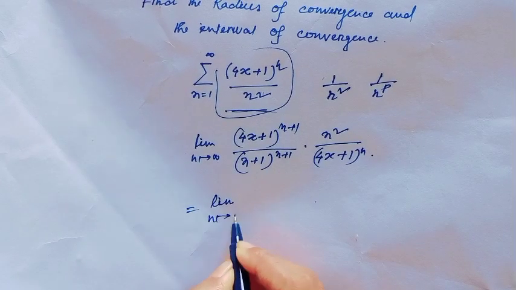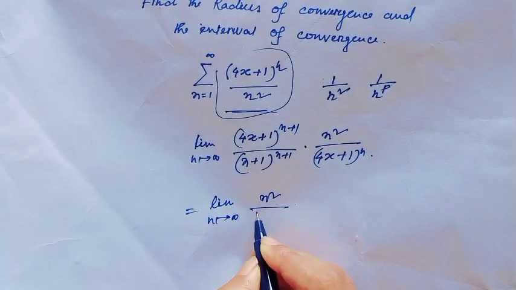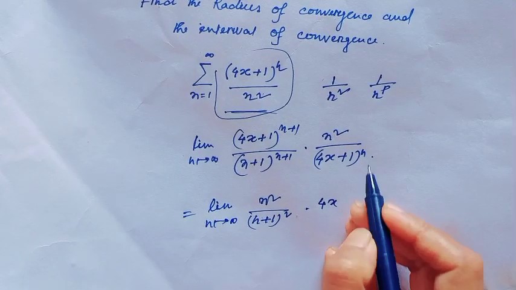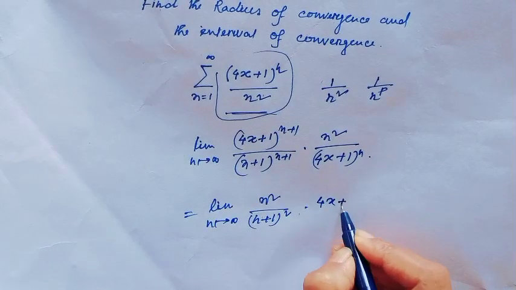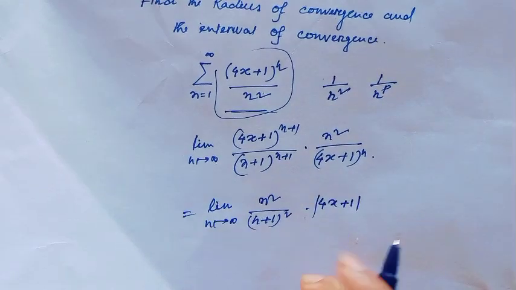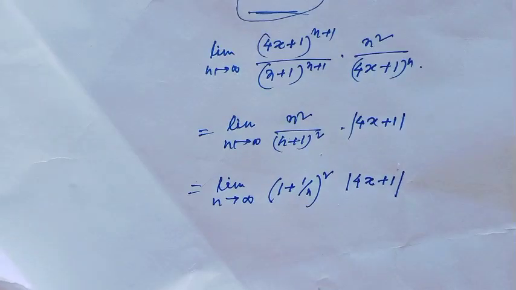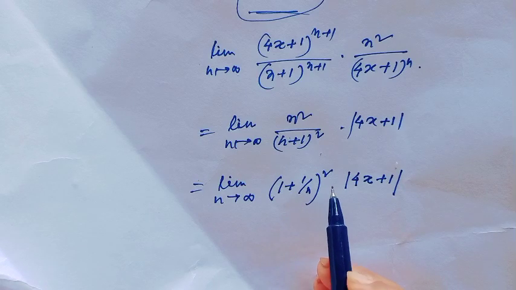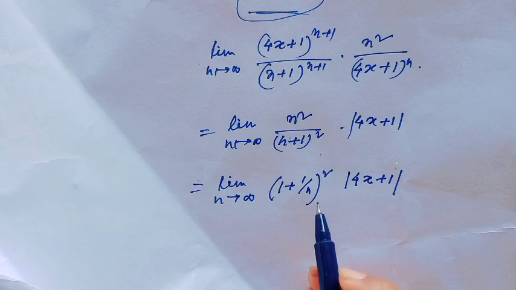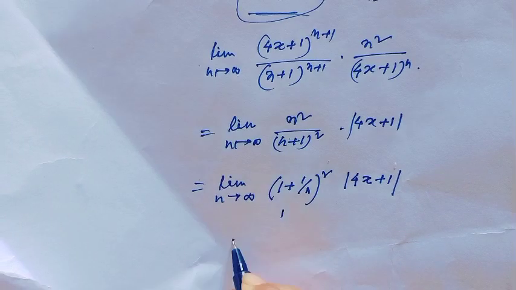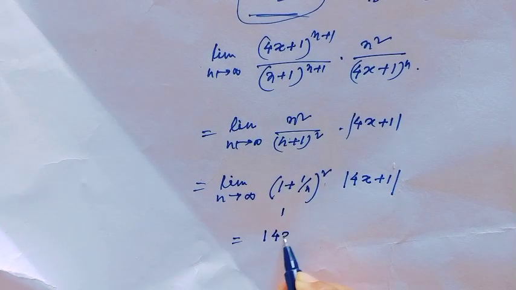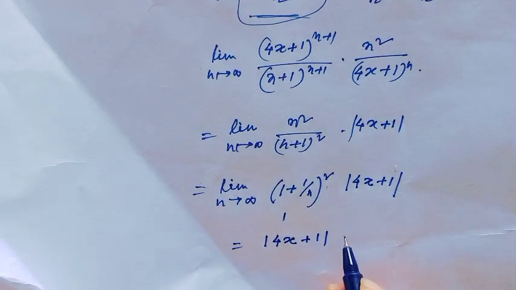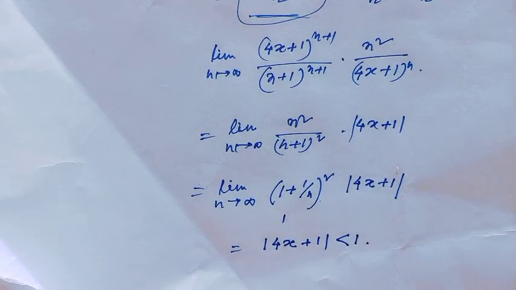Limit n goes to infinity, n square over (n plus 1) whole square times, omit this portion, this would be 4x plus 1. Okay, and this value is limit n goes to infinity of 1 plus 1 over n whole square, obviously this value is 1, therefore this is the absolute value of 4x plus 1, and this power series converges when this value is less than 1.